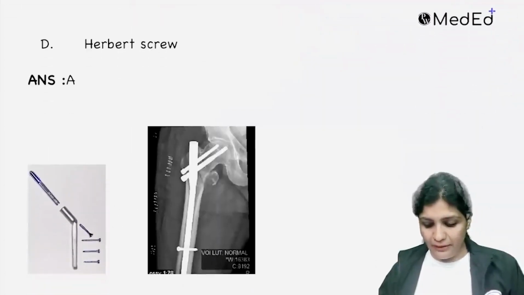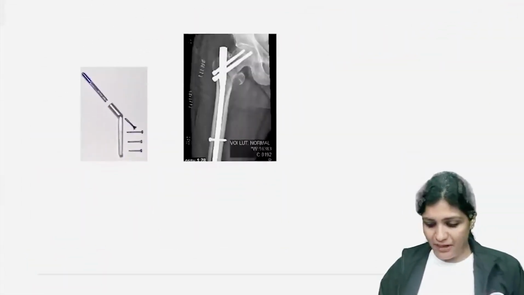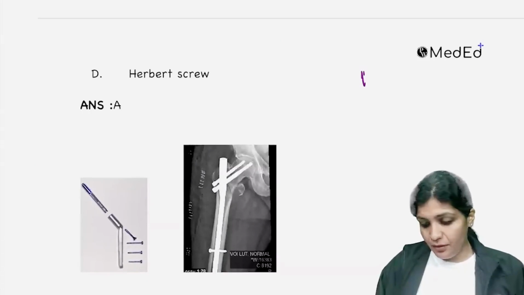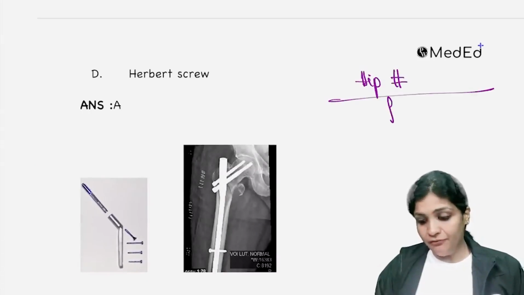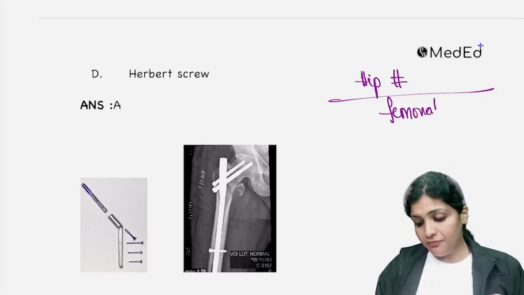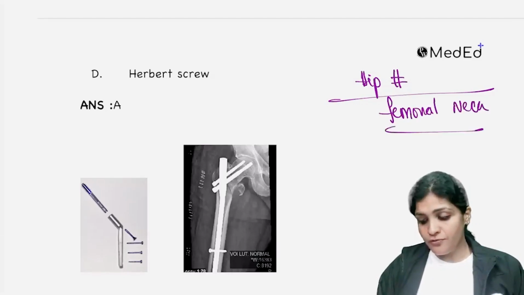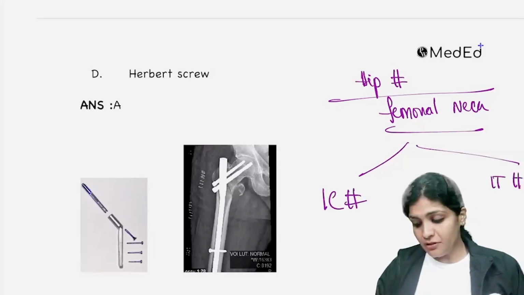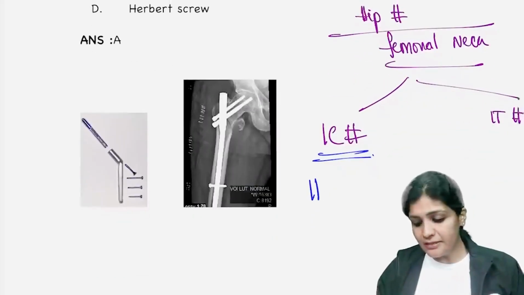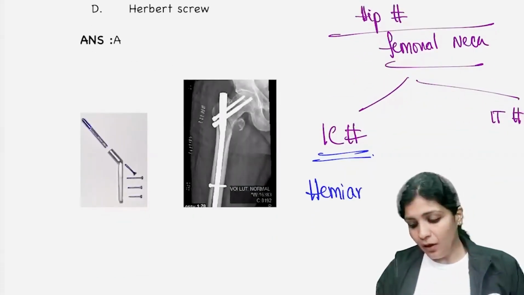So always remember that hip fractures, especially the femoral neck fractures, are of two types: IC fracture, IT fracture, right? So this IC fracture is treated by hemiarthroplasty.